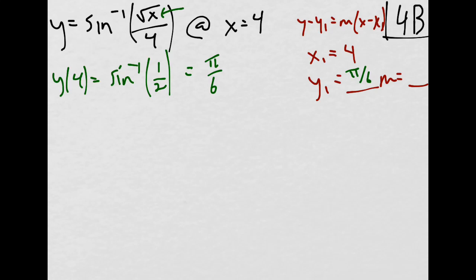Now I need to find m, which is the bigger job. I need to differentiate that thing up there. y prime is equal to, I will take the derivative of the innards first. The derivative of the innards is 1/4, which comes from my coefficient, root x over 4, times the derivative of root x.